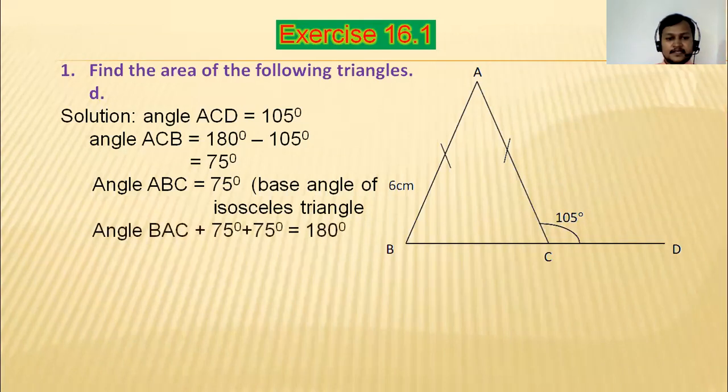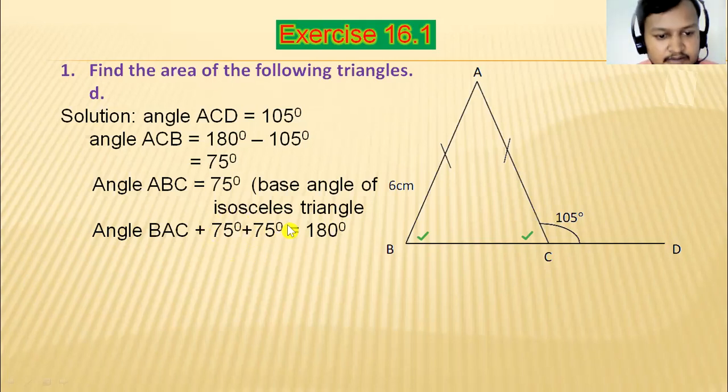After that, angle BAC plus 75 plus 75. Angle BAC we don't know. Upper one, angle A we don't know. For that we used it. Now find out the value of angle BAC from it. 75 plus 75, 150. 180 minus 150, 30.